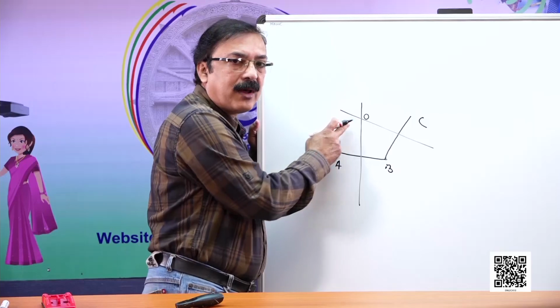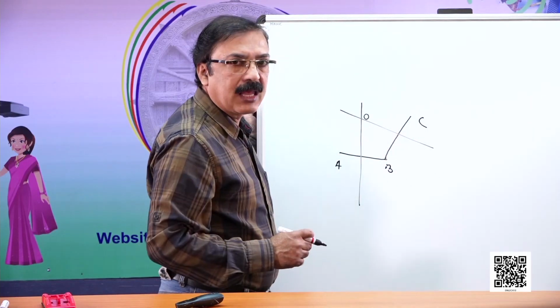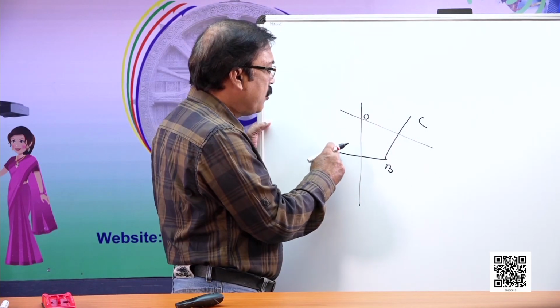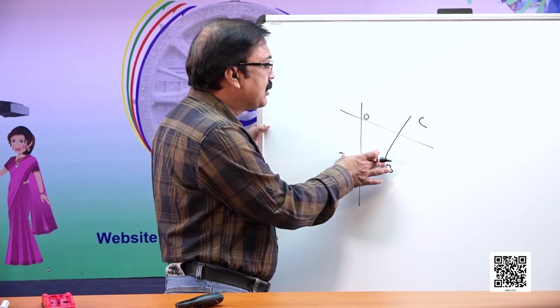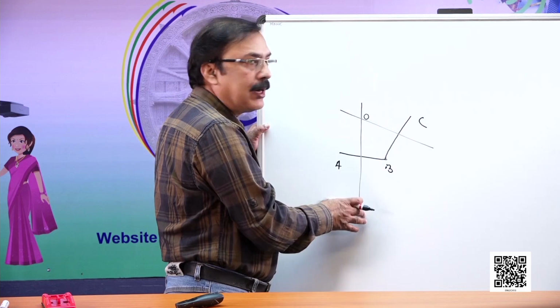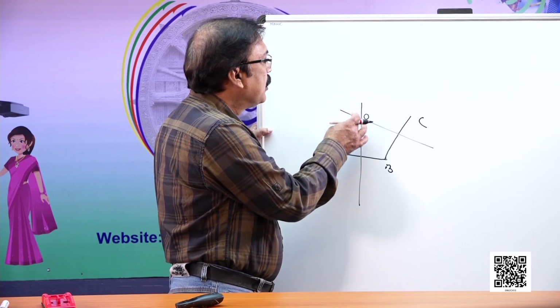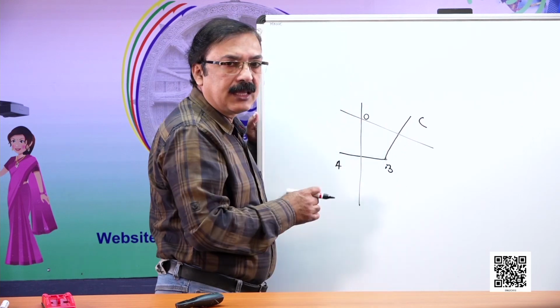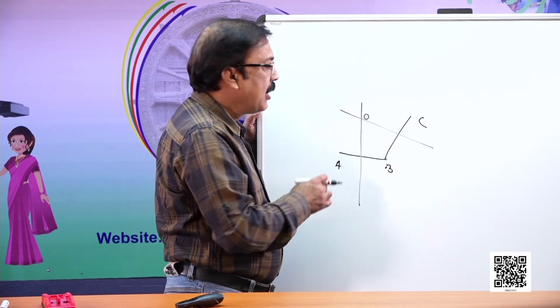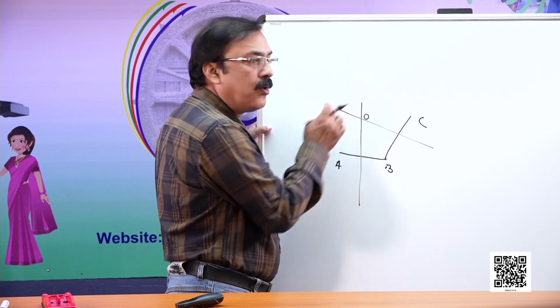So whenever three non-collinear points are given, we have to join them and then perpendicularly bisect each line segment and let the perpendicular bisectors intersect each other at a point and let it be O.